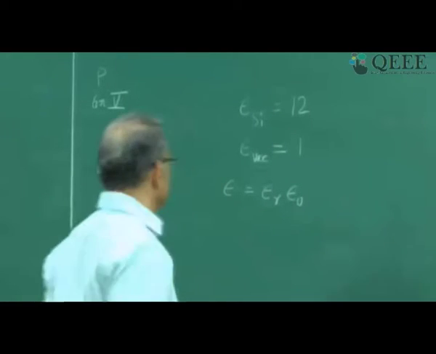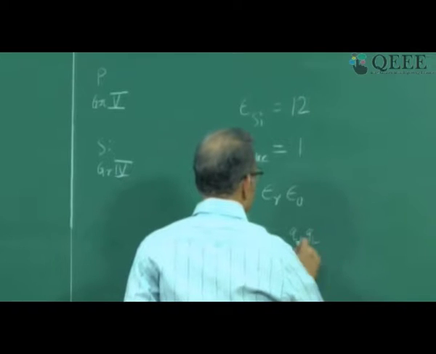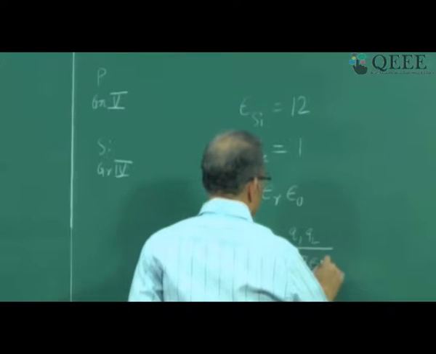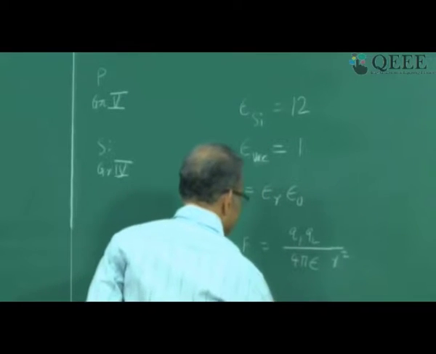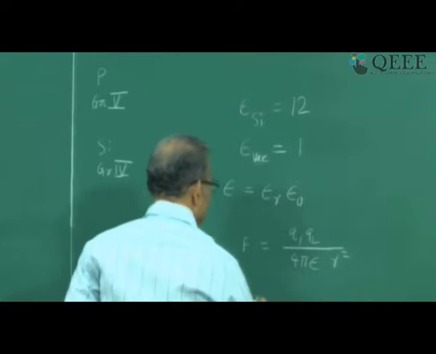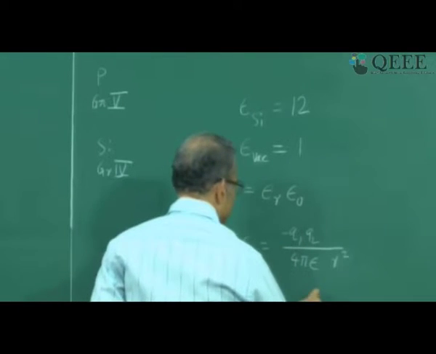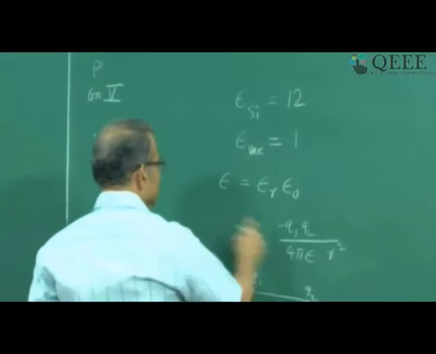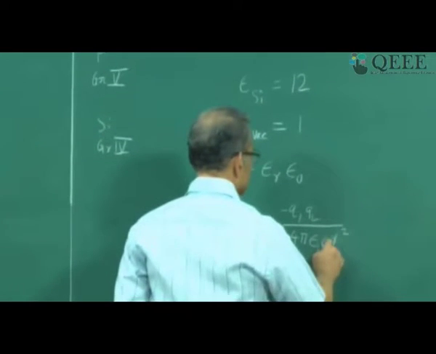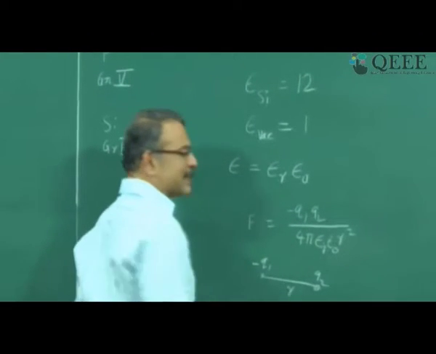The force between charges is given by q1 q2 by 4 pi epsilon r square, where r is the distance. Suppose I have two charges, positive and negative, minus q1 and q2, and the distance between them is r, then this is the formula for the force. So you can see that if epsilon r is more, the force is less.